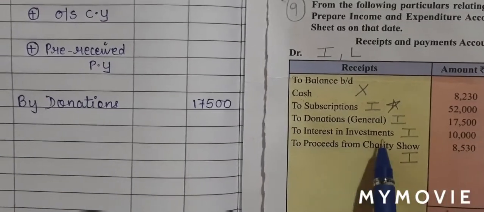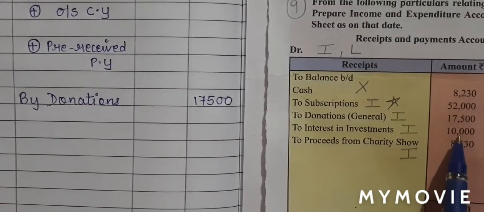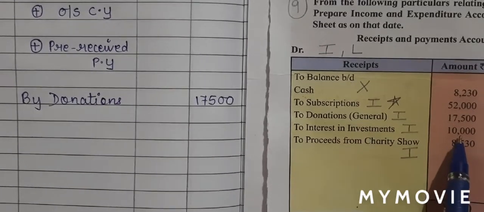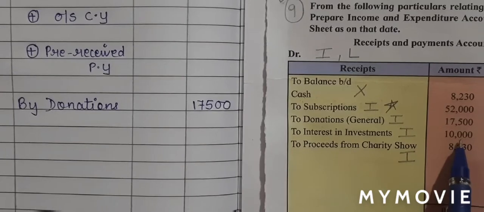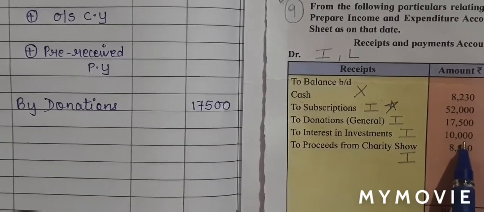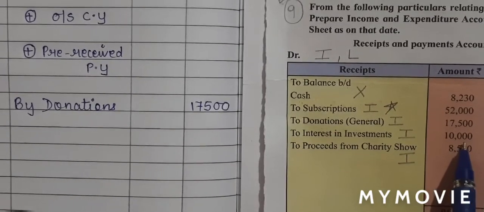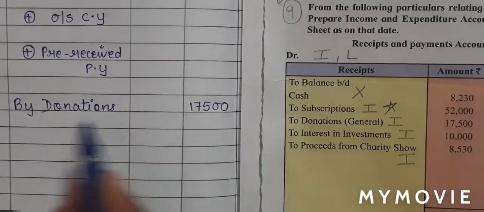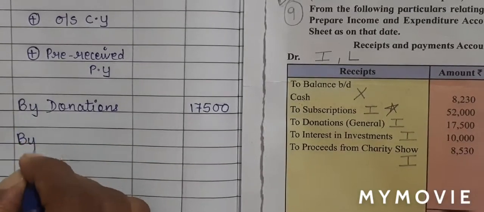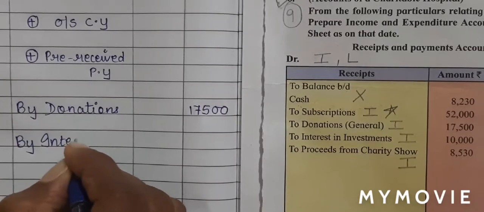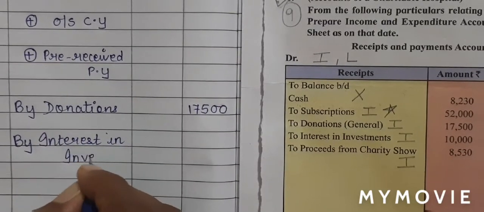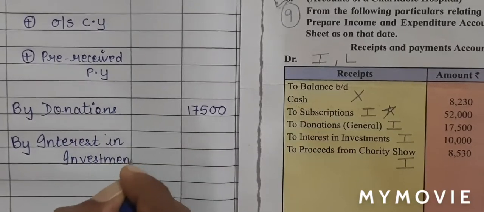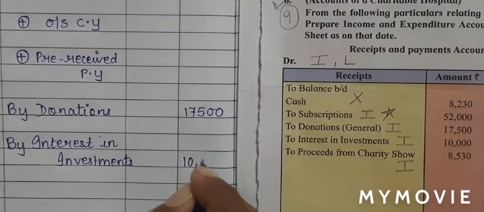Now here interest in investment is already given 10,000, which means we have already received interest on investment, which means it is not a hidden adjustment and we do not have to mark any star. There is no outstanding for interest in investment. So we will directly write it on the income side by interest in investments, in the outer column 10,000.